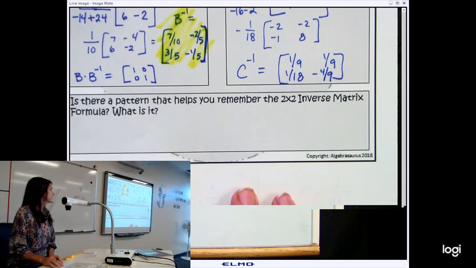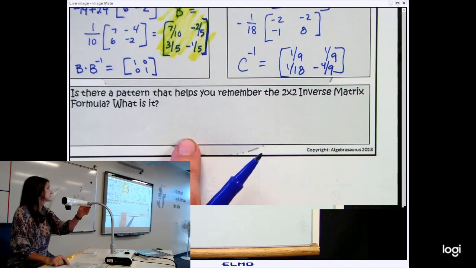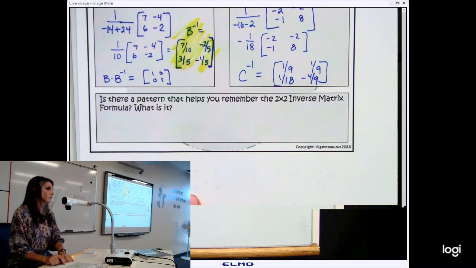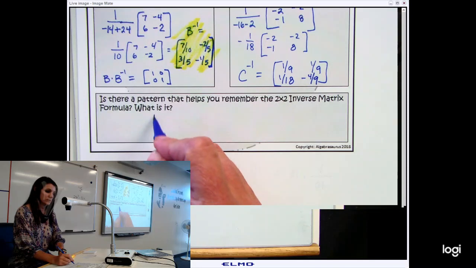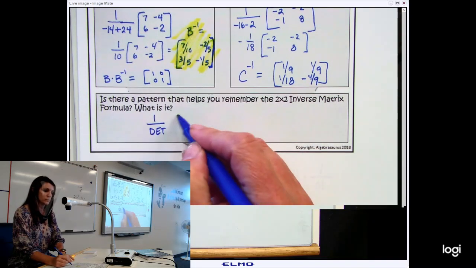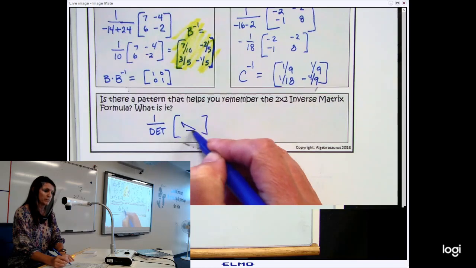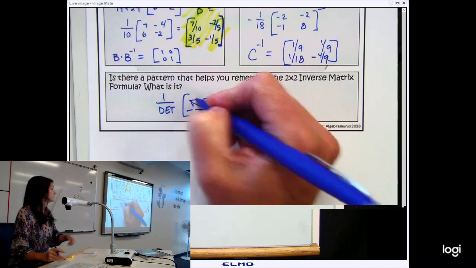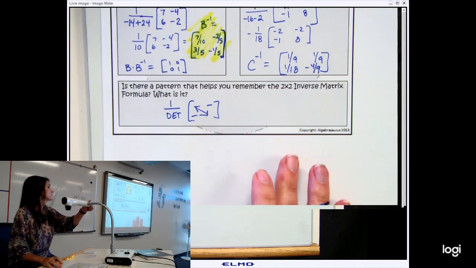And we actually already answered this question. What's the pattern to help me remember how to find that inverse? It's 1 over the determinant. And then you guys are really good at this pattern. Switch these places. And those are minuses. Some of you are still working on that, so let me zoom that out.